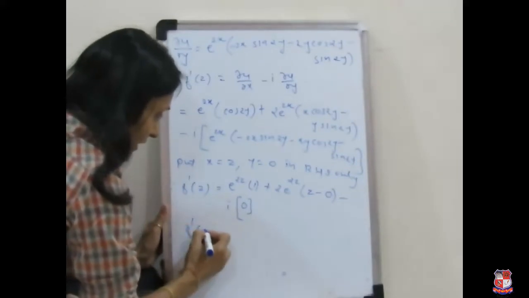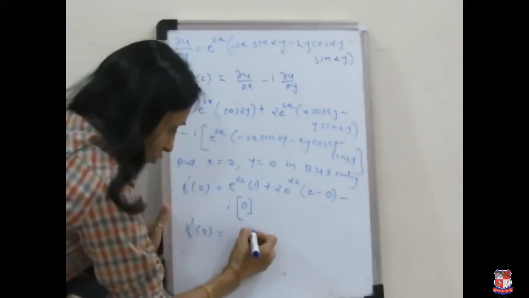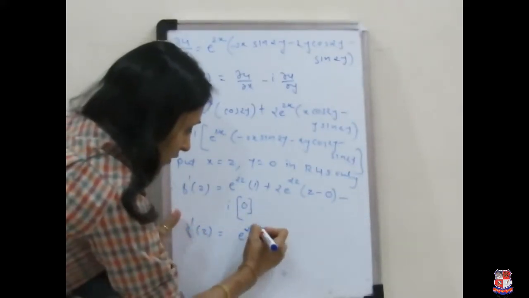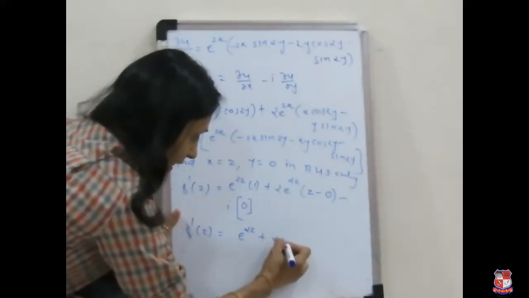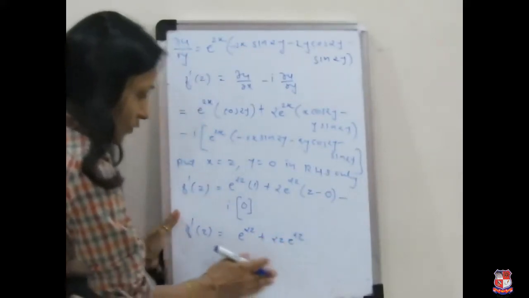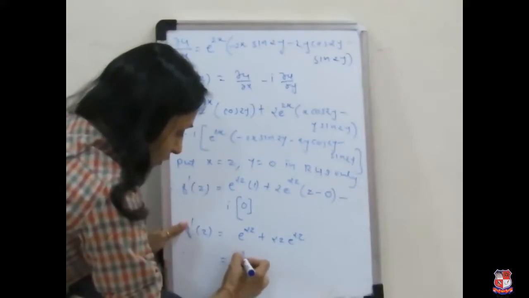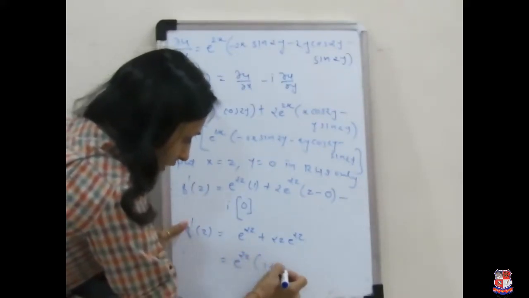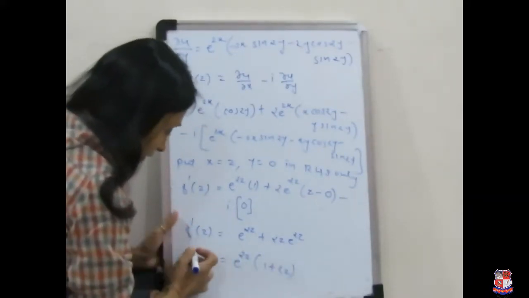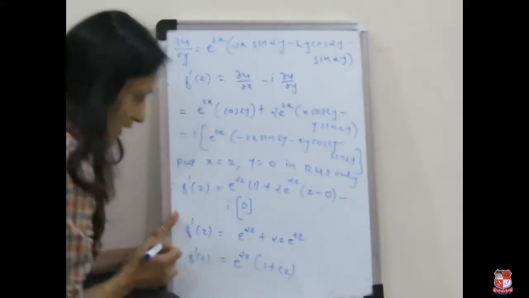We get f dash z is equal to e raised to 2z plus 2z e raised to 2z. Taking e raised to 2z common, 1 plus 2z. This is our f dash z.